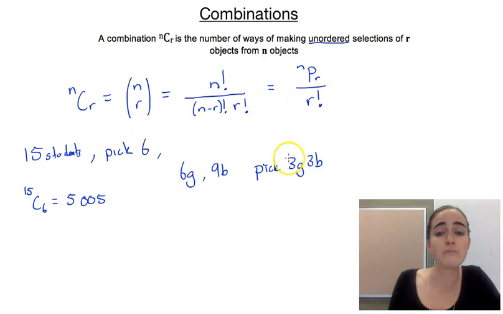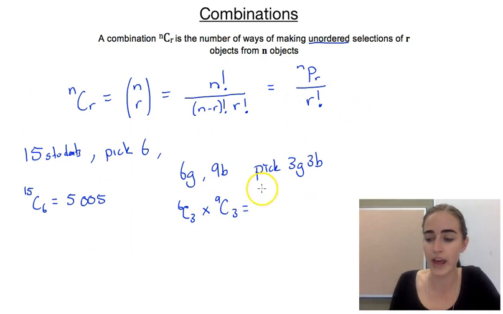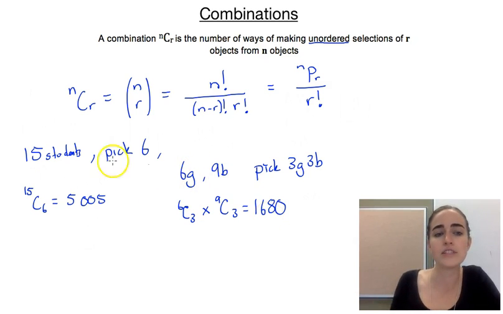So if I'm going to pick 3 girls out of those 6 girls, I have 6C3, and then I multiply that by the number of combinations of the boys. We have 9 boys and we're choosing 3 of them, so 9C3. We can pop this in our calculator and we end up this time with 1,680 choices instead.